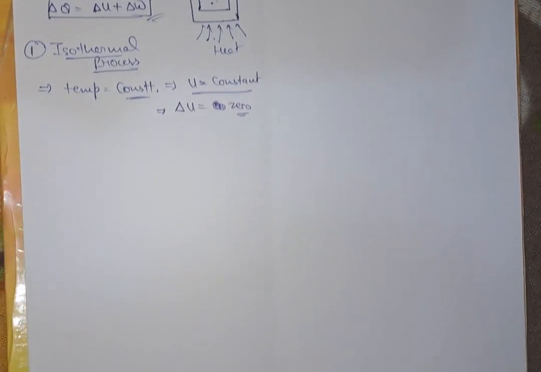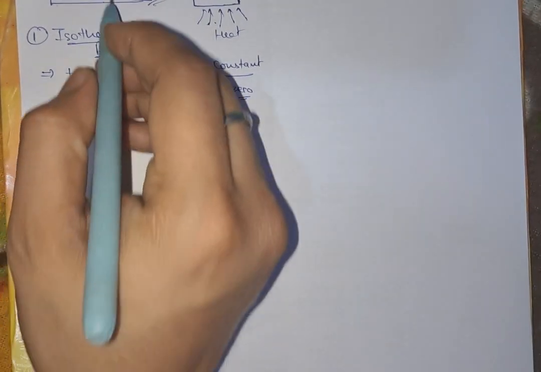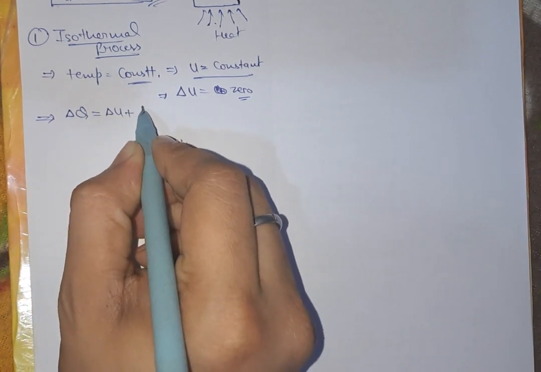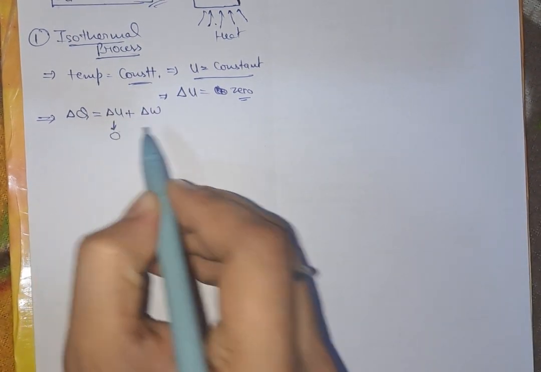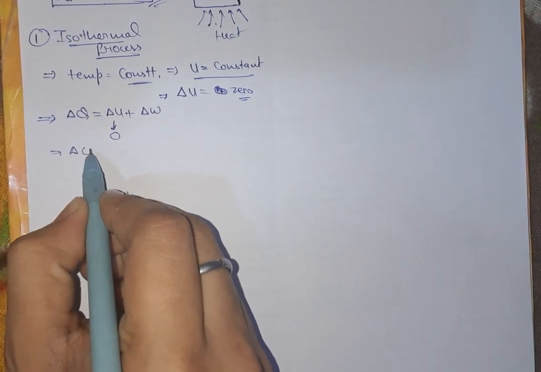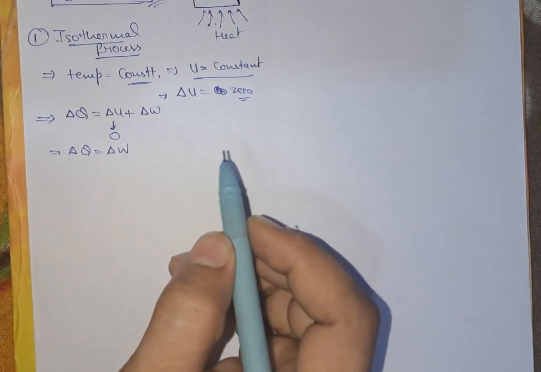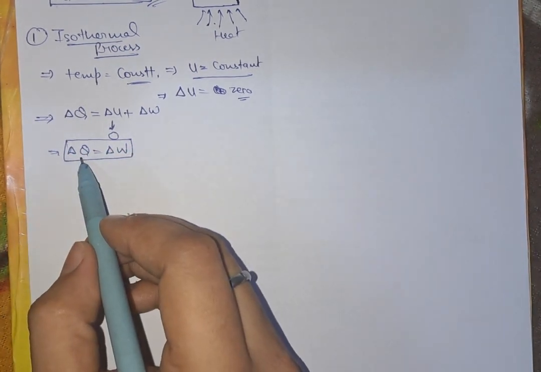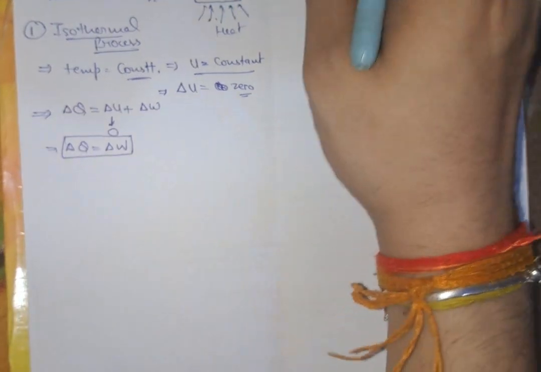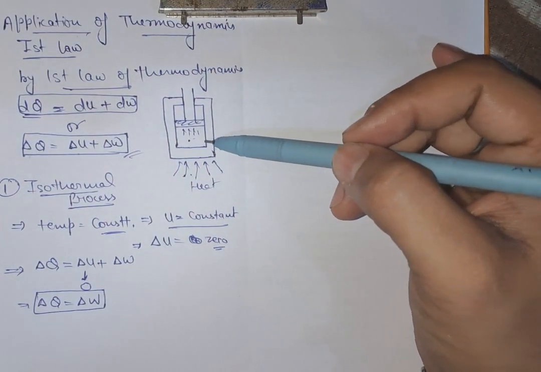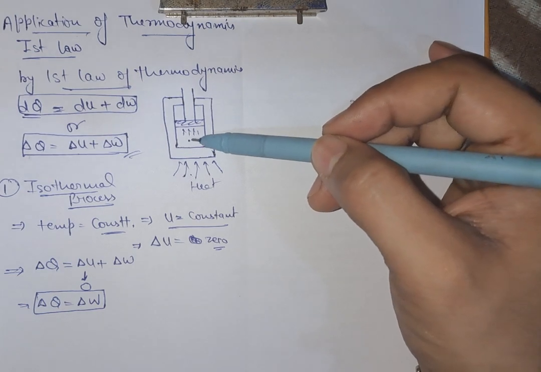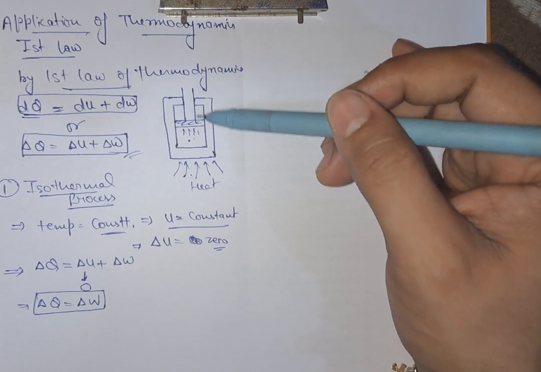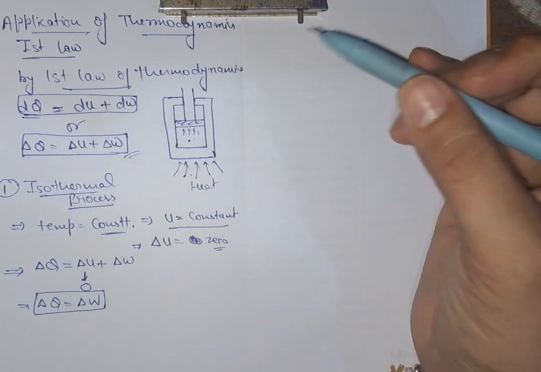So in this equation, delta Q is equal to delta U plus delta W, delta U will be 0, means delta Q is equal to delta W. Means whatever heat is given, all that heat is directly being converted into work done. There is no net change in the internal energy, but all the heat given is supplied directly to the piston, which displaces it by some value.